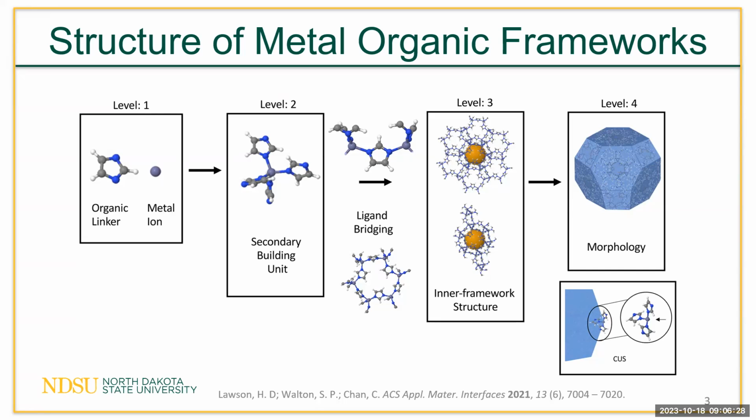There's blank space that forms pores to create an inner framework before we finally get to an overall morphology on the micrometer level with coordinatively unsaturated sites, where at the surface sometimes metal ions aren't fully saturated, so they can be further modified post-synthesis to do things such as attaching drug molecules that can be reversibly bound and delivered to targets.